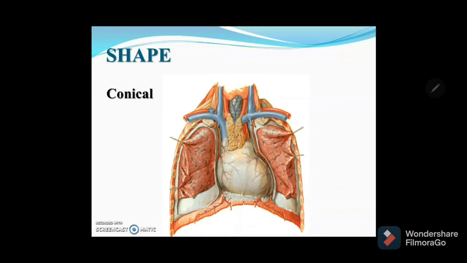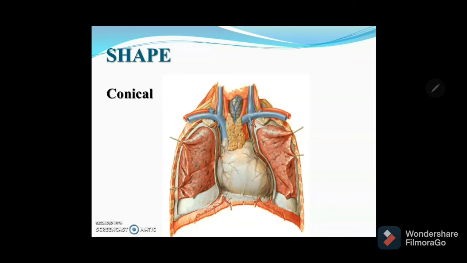Coming to the shape, the pericardium is just like the heart. It is also conical, but with a wider base and a narrow apex above. The heart has its apex below. You can see here that the apex of the pericardium is pointing towards the roots of great blood vessels.